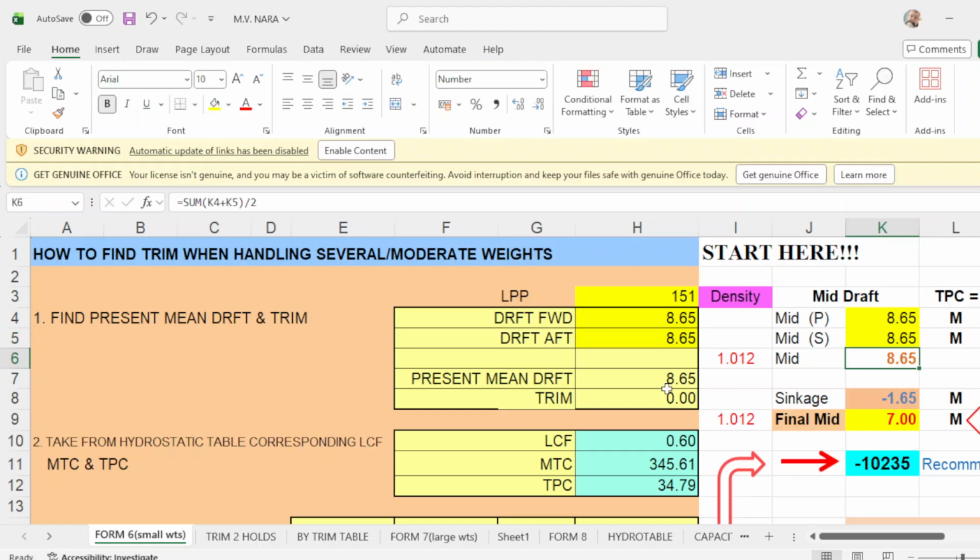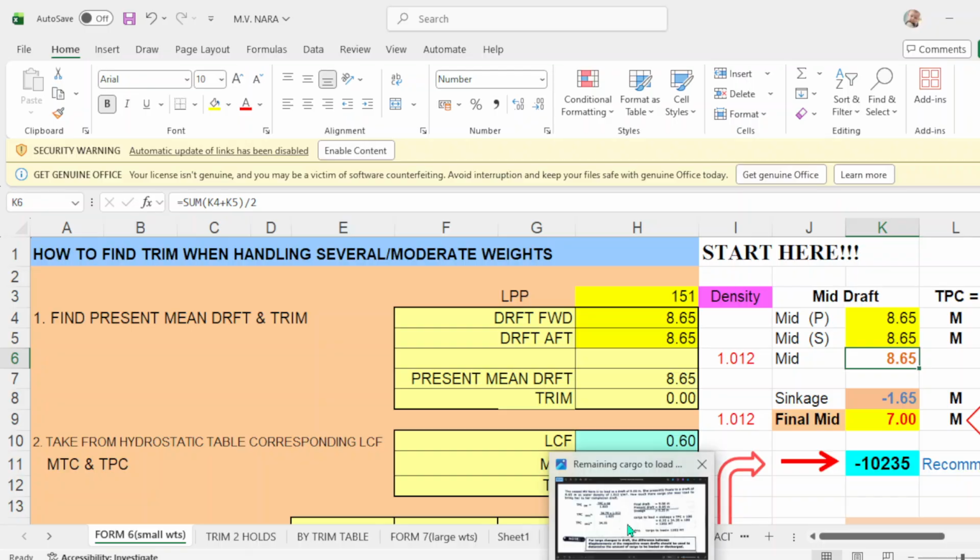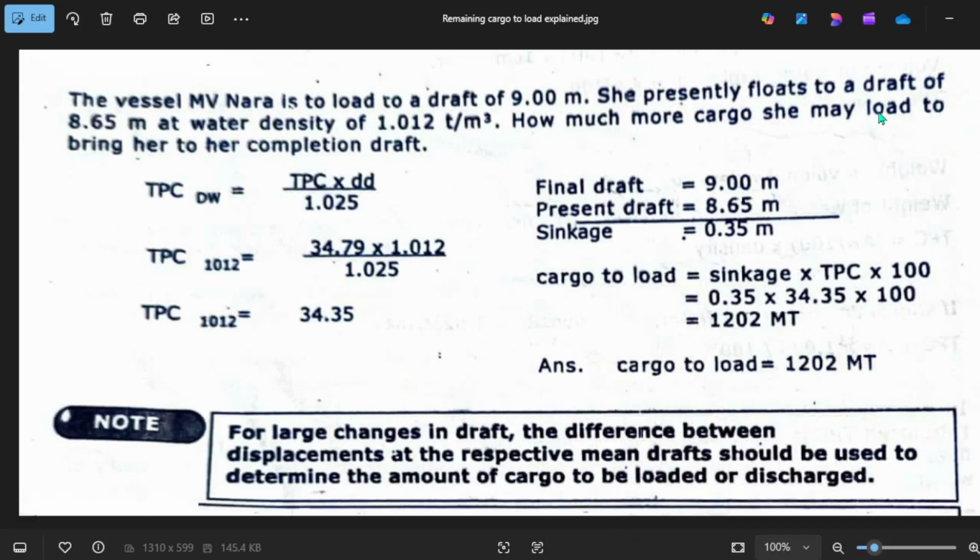Now with this mid draft, this TPC will also be on the density of 1.012, because on the actual reading of this initial draft, the density was 1.012. Okay, so take note, ship floats on a draft of 8.65 and a density of 1.012.